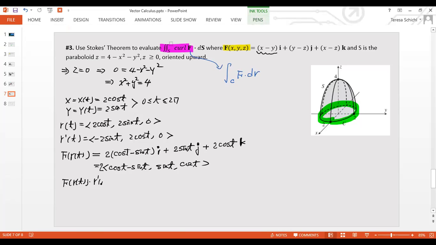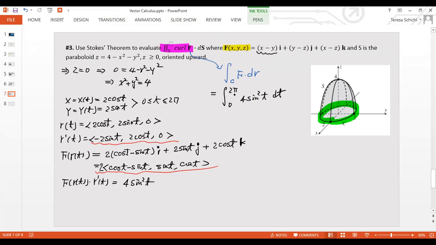It's always the same old thing, right? So you do this vector dot product and simplify it, and this simplifies to the integral from 0 to 2 pi of 4 sine squared t dt.